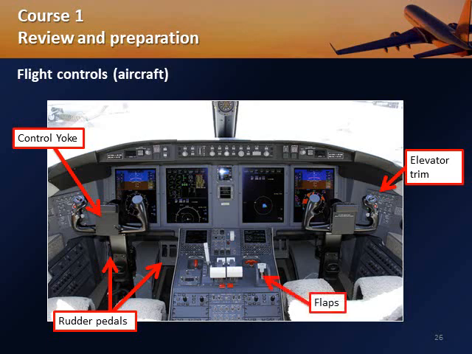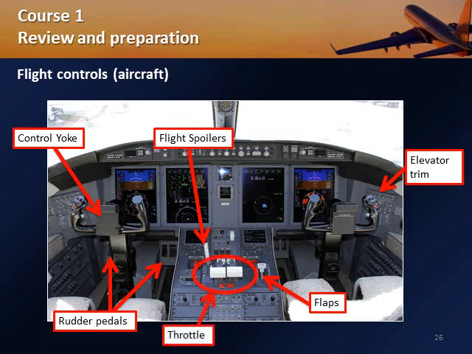Rudder pedals, you have flaps control, you have flight spoilers. So all these are flight controls. Of course, throttle is also considered a flight control because it allows for acceleration and deceleration, which will increase or decrease lift. And of course, the autopilot, which interacts with the control surfaces.